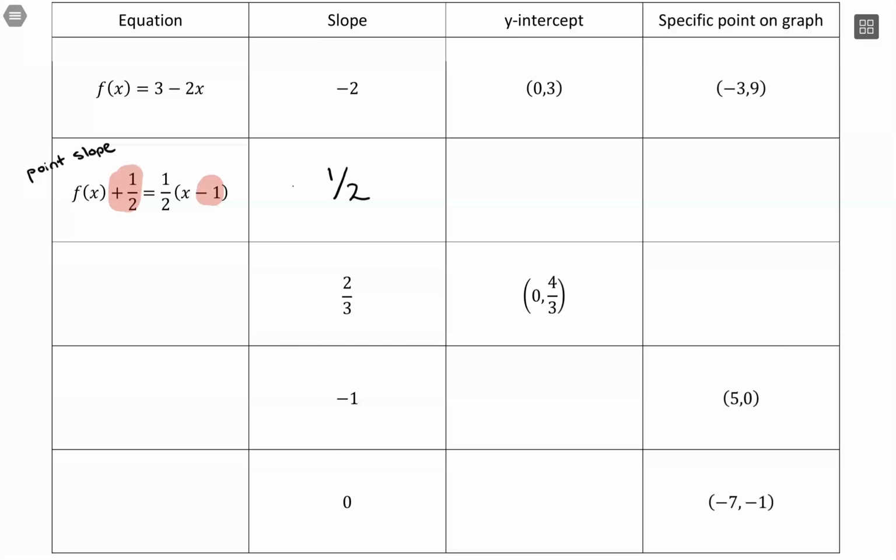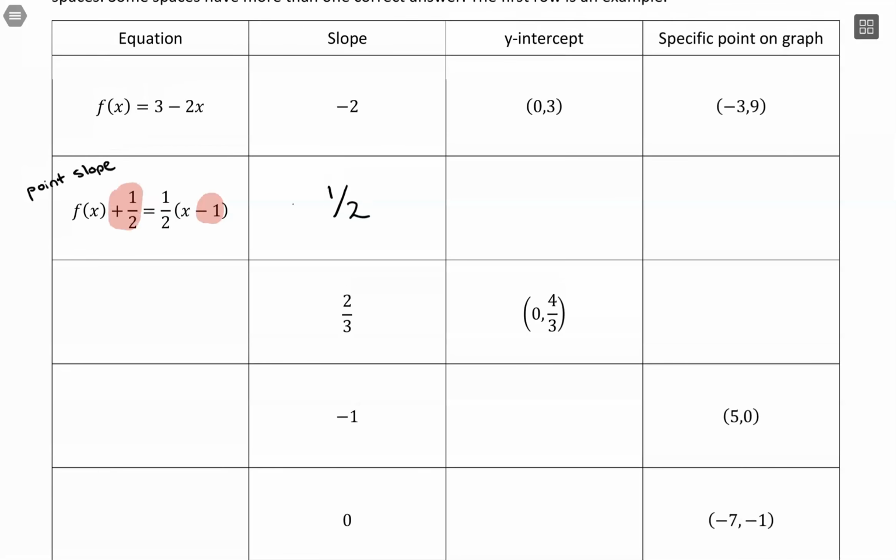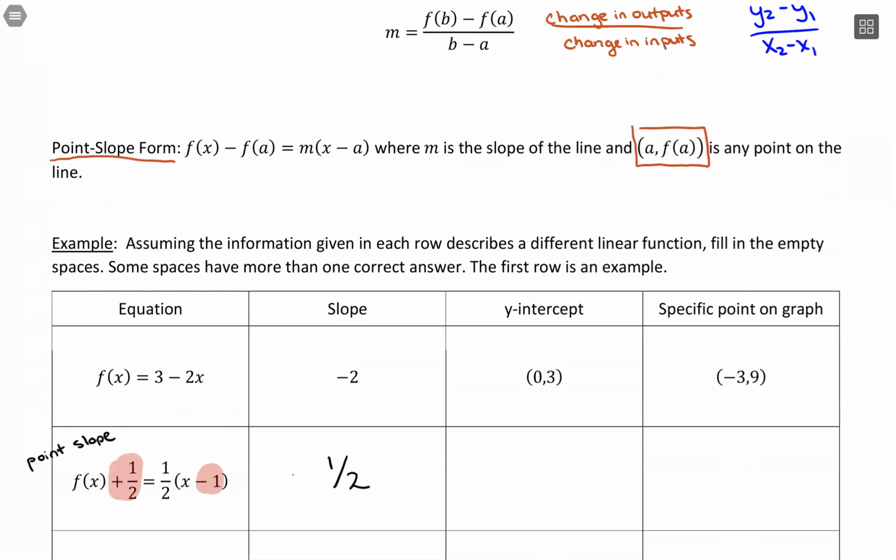Now when we use point-slope form, we have to be super careful. This is expected to be subtraction between those output values, and this is expected to be subtraction between the input values.